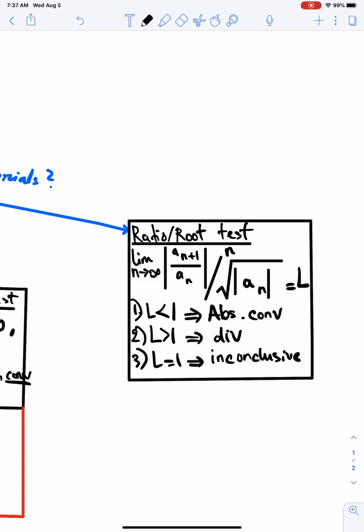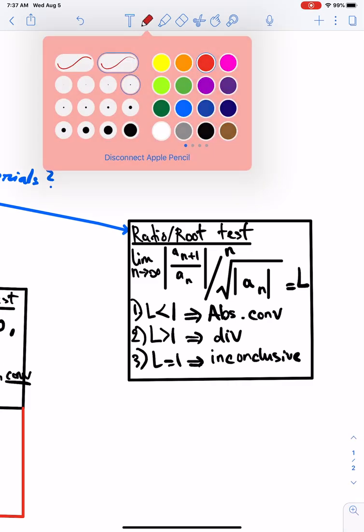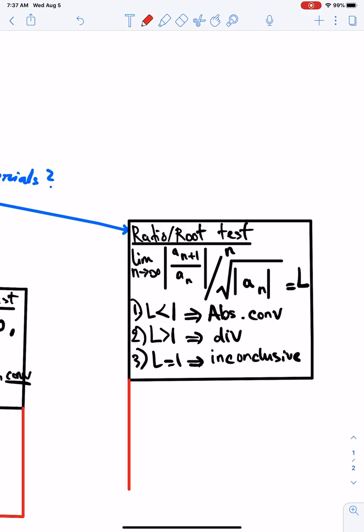Can't tell. So what's the condition for this? Actually none, right? It's actually the nicest possible test that we can do. If we can do the ratio or root test, then you have nothing to check for. Okay, so like I said, none.